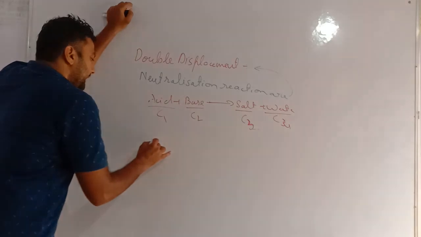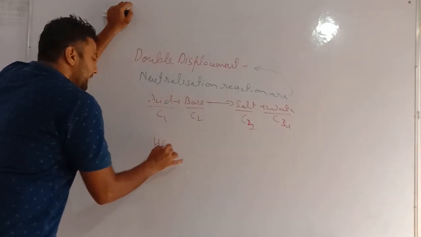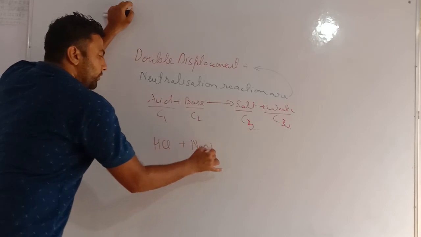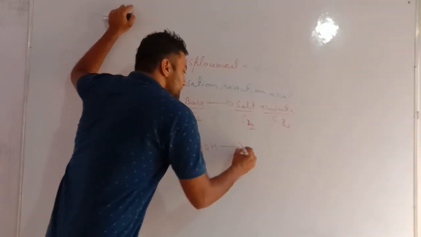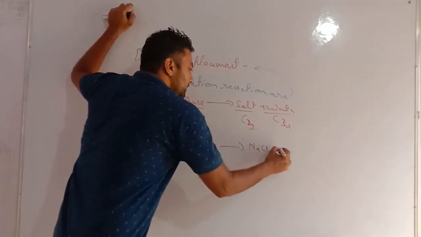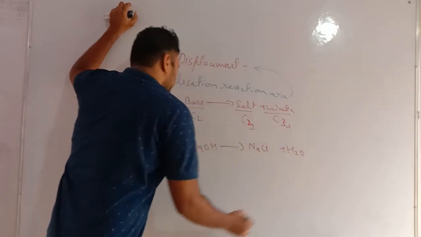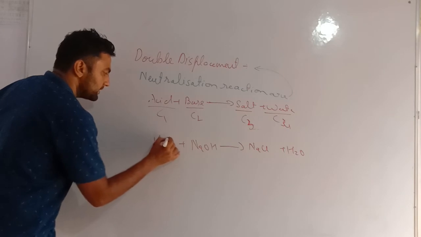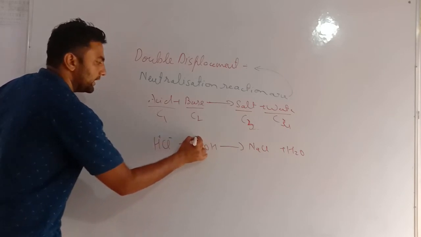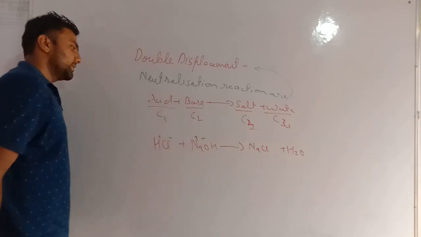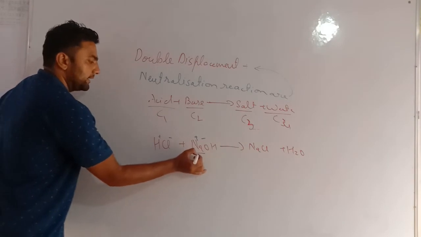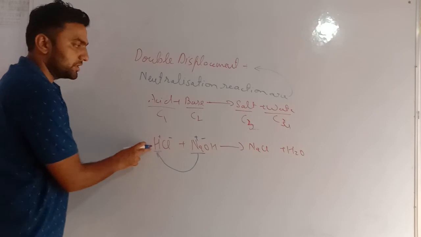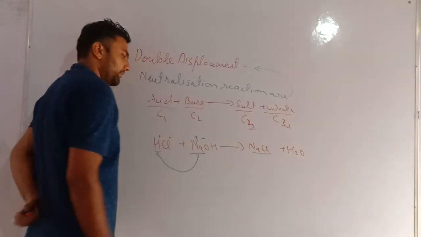For example, acid HCl plus base NaOH gives us NaCl salt plus H2O water. See my dear friends, HCl is H+ and Cl-, NaOH is Na+ and OH-. This Na+, being more reactive, took the place of H and we got NaCl.